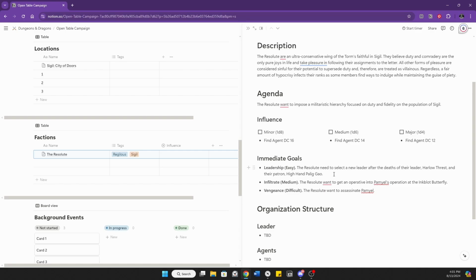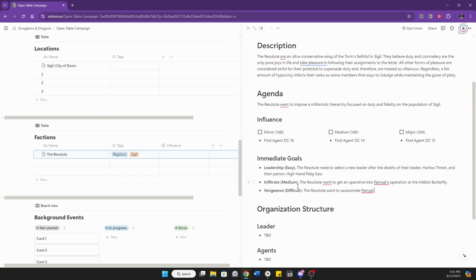And that was over the course of their decisions. They came into conflict with Harlow as part of the adventure, but they went and sought out Peleg because they hated Harlow. So now we have a faction that is without a leader. And so their first goal, a relatively easy one in comparison to the others, is to select a new leader.